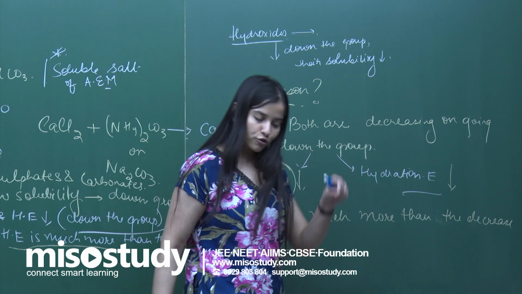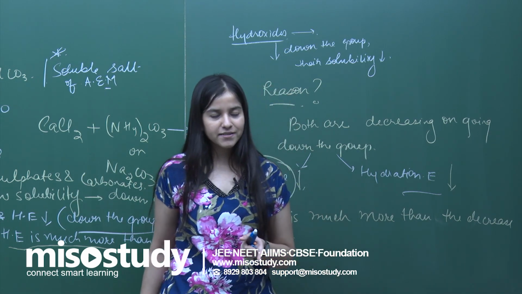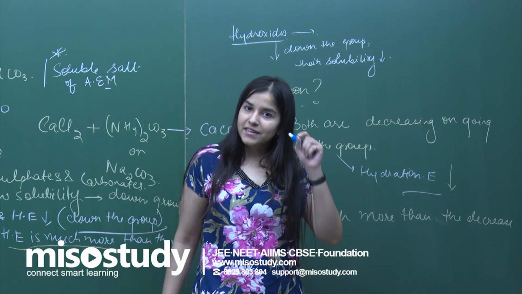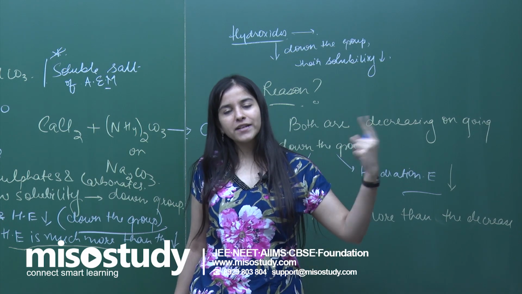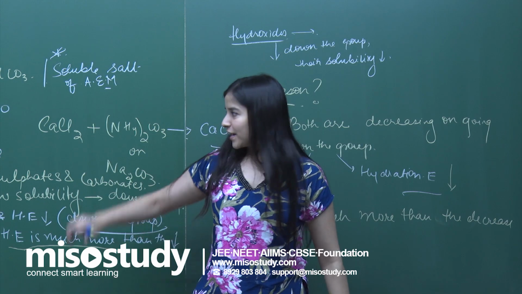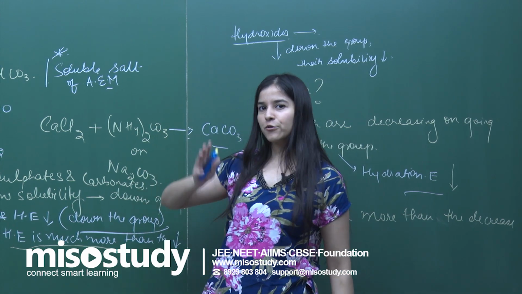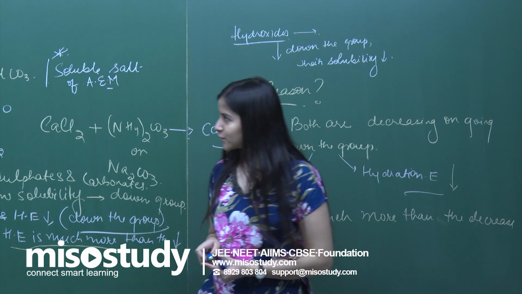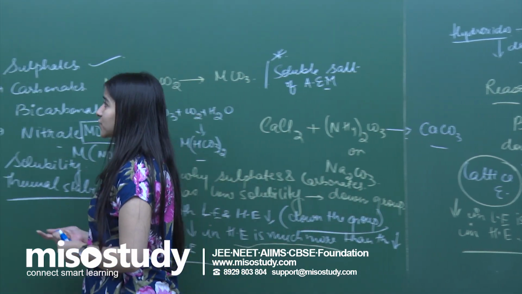So it's the other way around on going down the group, although both of them are decreasing. But here the decrease in the lattice enthalpy is much more as compared to the hydration enthalpy, and that completes the answer. So in the case of hydroxides, the difference now you know. Clear? So let's move on to what we have to discuss today.